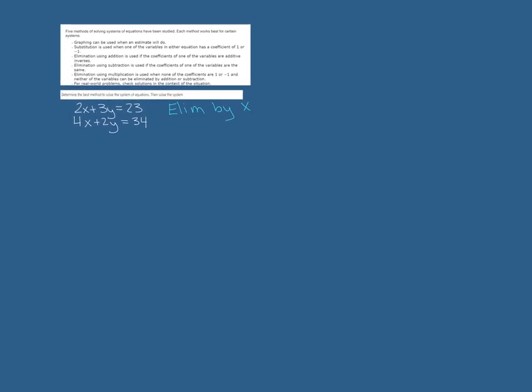I'm just going to make this little so I can get it out of the way and have more room to solve. All right, so we've got 2x plus 3y equals 23, and 4x plus 2y equals 34. So again, the coefficients for the variables are all different. So I want to find the least common multiple of one of the variables so that I can eliminate it.